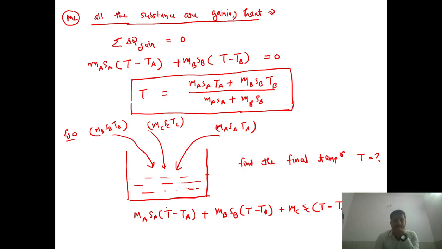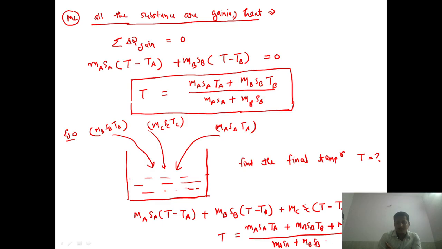If I multiply out, then we will get the result as T equals MASATA plus MBSBTB plus MCSCTC divided by MASA plus MBSB plus MCSC.